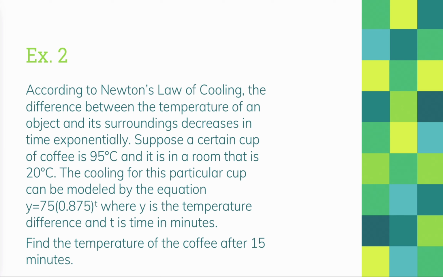So plug in 15 for t, so 75 times 0.875 to the 15, and we're going to have to do that on our calculator. And that ends up being 10.12.